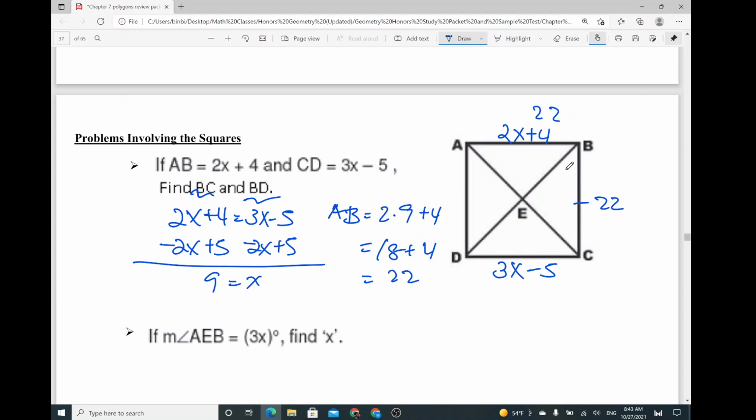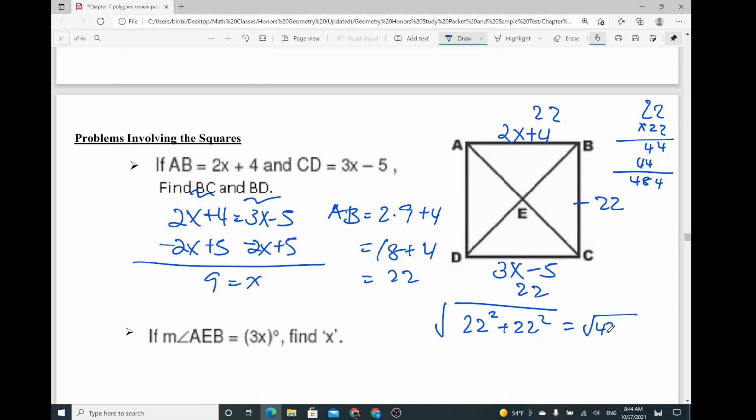So let's find the diagonal. The way to get the diagonal is to use the Pythagorean theorem: the square root of 22 squared plus 22 squared. 22 squared is 484, 22 times 22. So 484 plus 484, or 484 times 2.